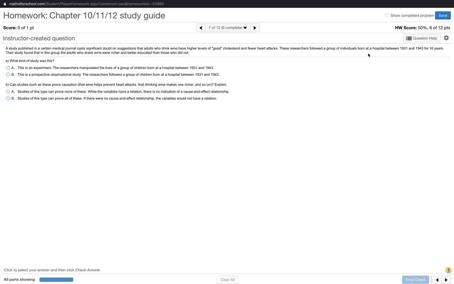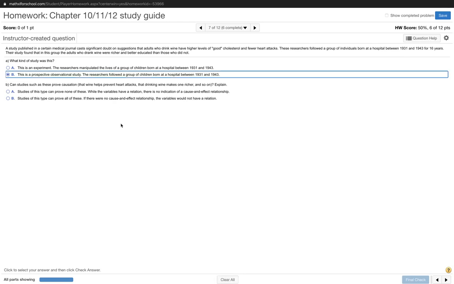In other words, half of them would have drunk wine, half of them would not have. Well, if you read this, it doesn't really look like they did that. They didn't randomly assign people to a group that drank wine and a group that didn't. So it looks like they were just observing to see what happened. So this is an observational study, not an experiment. Why is that important? Because that answers the second part.